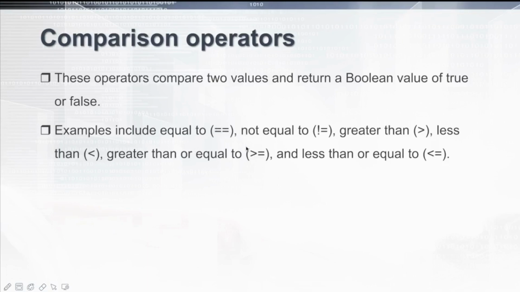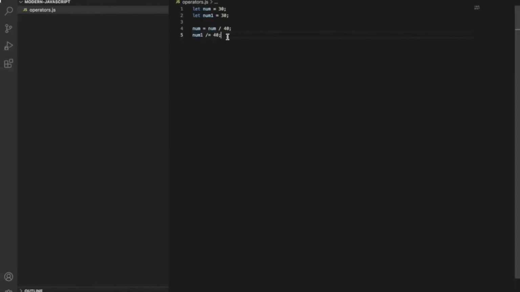Let's see how these operators work. So we have two numbers on the screen, num1 and num2.